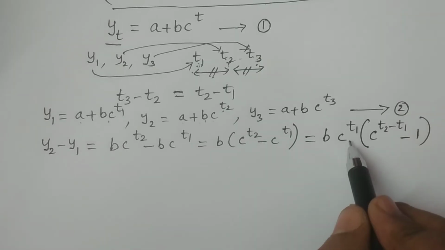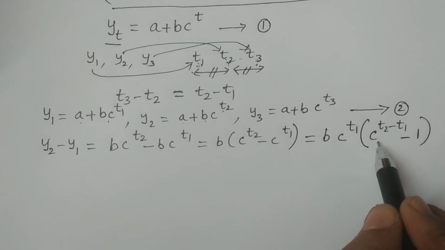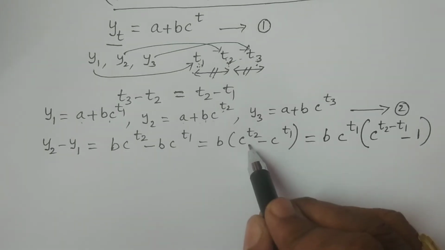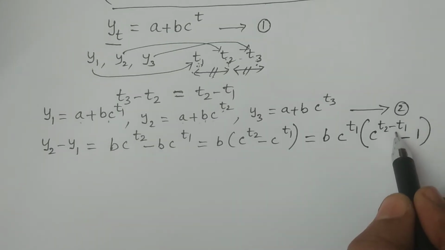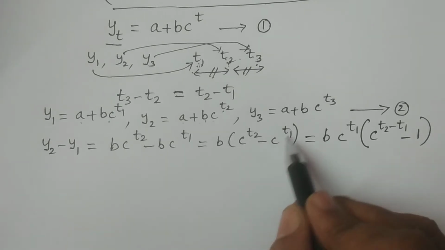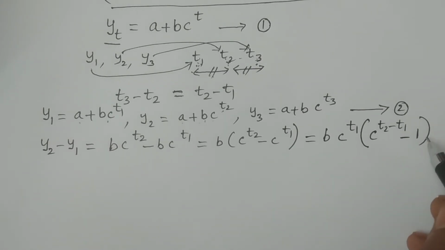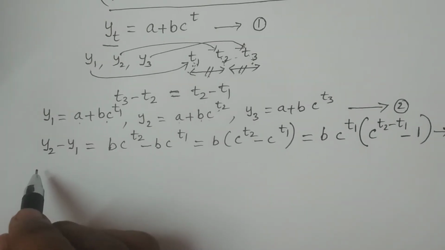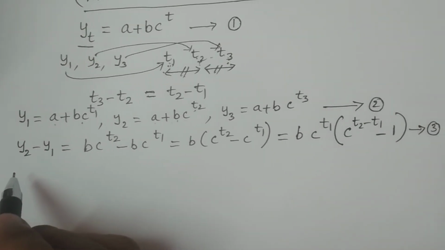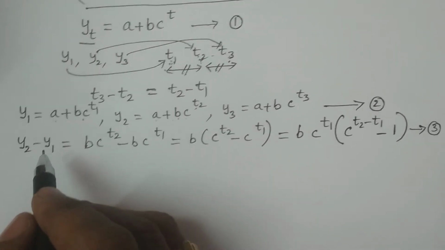So c power t1 I am taking common, and this is c power t2 minus t1 minus 1. Hope you understand. Let us consider this as equation 3, the result 3.